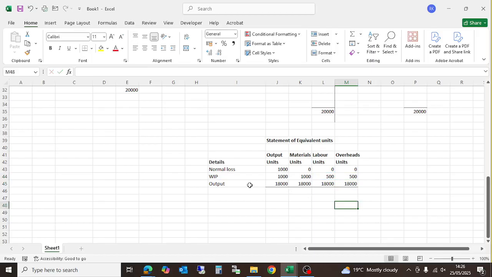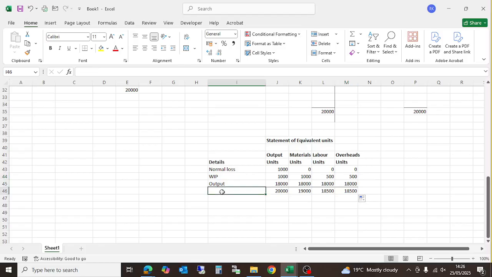Okay, and then all we need to do is to basically sum up everything now. So I have 20,000 kgs in total. We have 20,000 units, and then we have 19,000 for materials because work in progress is in full, and then we have 18,500 because there's 50% on work in progress, and then we have 18,500 again because there's 50% on work in progress.